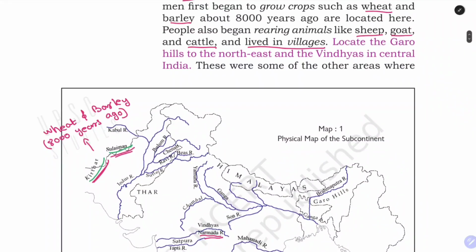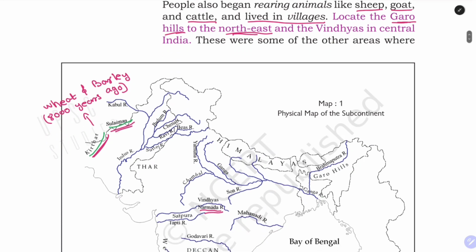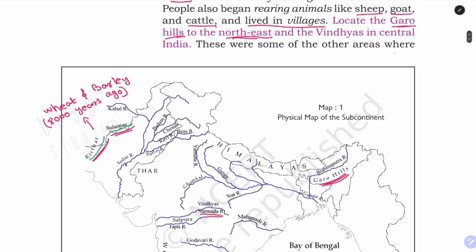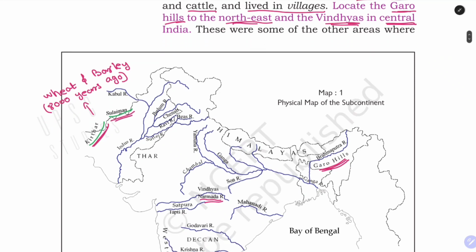Okay, now let's move to the northeast region. That is the Garo Hills in the northeast. So the northeast is here. See, that is the Garo Hills. And also, where is central India? We need to find the Vindhyas. We already know that the Vindhyas are in the central region, which is adjacent to the Narmada river.